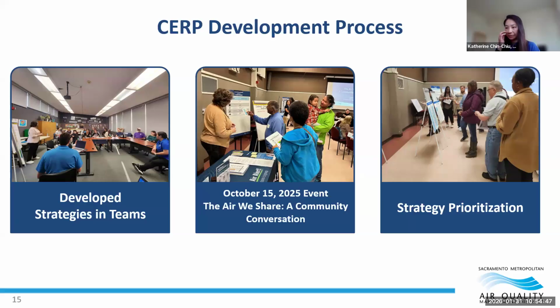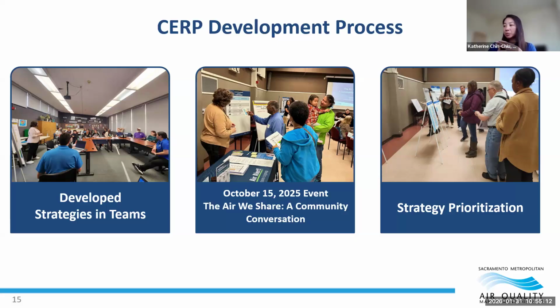Moving to slide 15. Also in the plan, there are chapters that describe the process of how these strategies were developed. The steering committee developed the strategies in 4 teams, the first one being urban planning and mobile sources, the second team residential sources, commercial sources, and outreach.